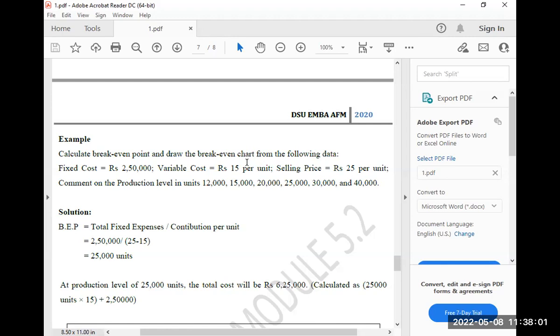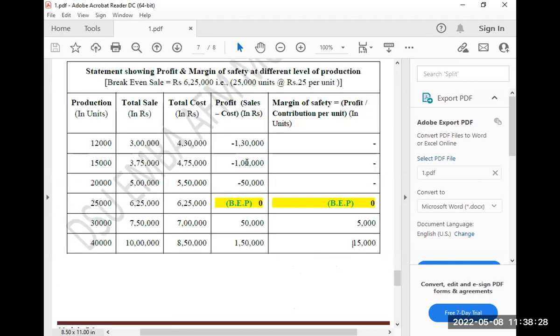We already have break-even point in units, that is 25,000 units, multiplied by the selling price we already have in the question, that is rupees 25. So 25,000 units into rupees 25 is equal to how much? Same amount you're getting, 6,25,000 rupees. We found out 6,25,000 rupees is the break-even.